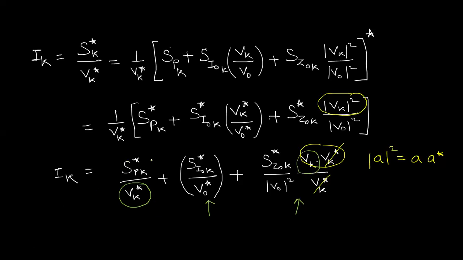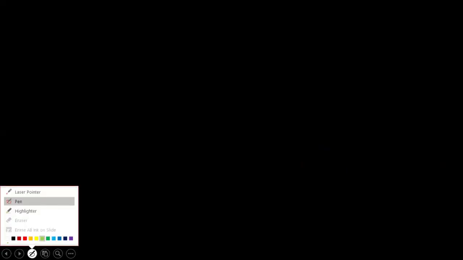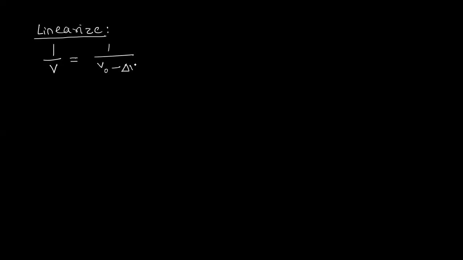Let us see how to linearize a complex quantity which is represented as 1 by v. As we have seen already, that can be represented as v naught minus delta v.